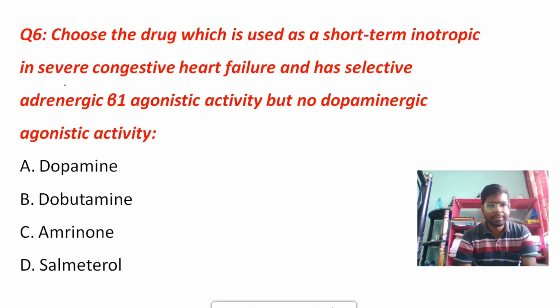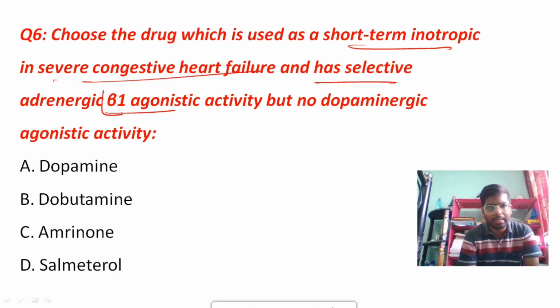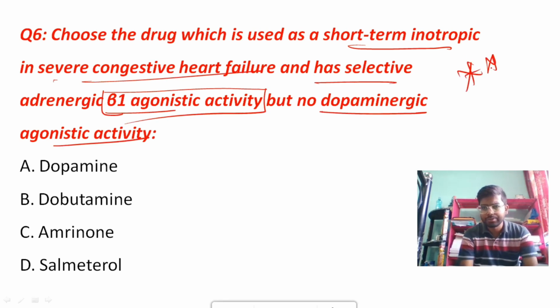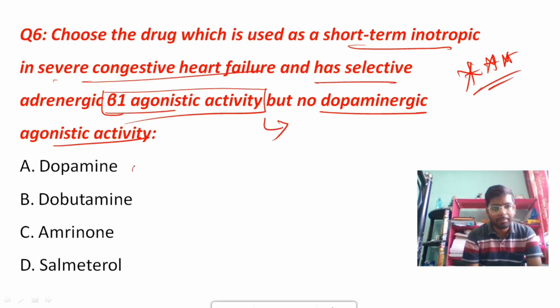Coming to the next question, choose the drug which is used as a short-term inotrope in severe congestive heart failure and has selective adrenergic beta 1 agonistic activity but no dopaminergic agonistic activity. Very, very important question. They are talking about dobutamine. Options are dopamine, dobutamine, amrinone, and salmeterol.